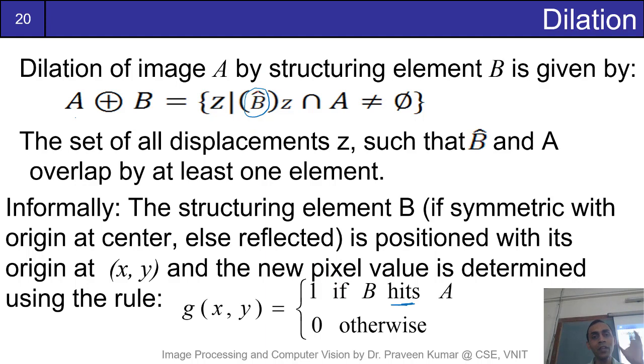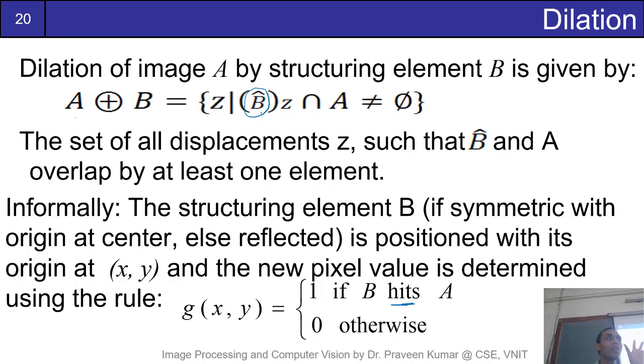Why are we doing this reflection of the set B? That is for a reason, because when the dilation operation is defined this way, it gets some useful properties. The combination of erosion and dilation becomes kind of a dual. They assume a dual nature. We'll later on also see that using these erosion and dilation operations, we get other operations. And if you don't take this reflection, then the dual property is not maintained. So for that reason this set reflection is done.